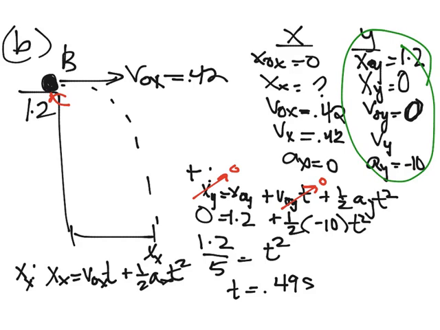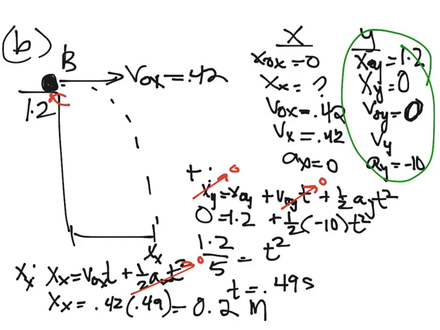Okay, of course, ax is 0, so that term goes away, and we have xx is equal to v naught x, which we know is 0.42, times 0.49, our time, and we end up with about 0.2 meters. Okay, maybe 0.21.